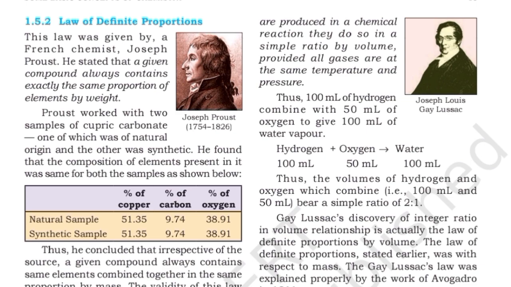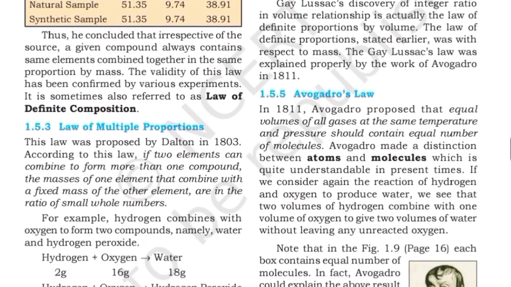He found that the composition of elements present in it was the same for both the samples as shown below. Thus, he concluded that irrespective of the source, a given compound always contains the same elements combined together in the same proportion by mass. The validity of this law has been confirmed by various experiments. It is sometimes also referred to as the law of definite composition.